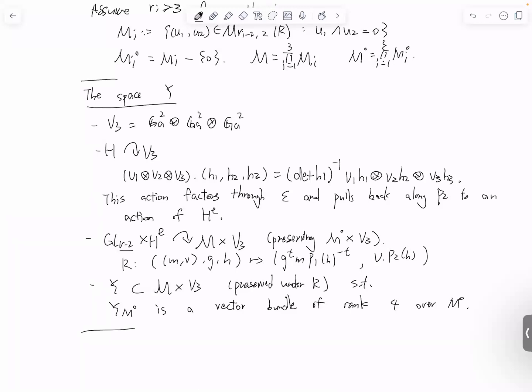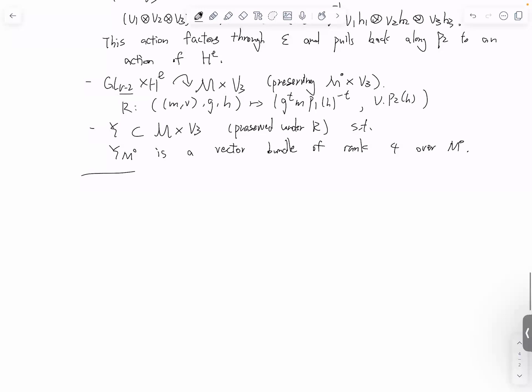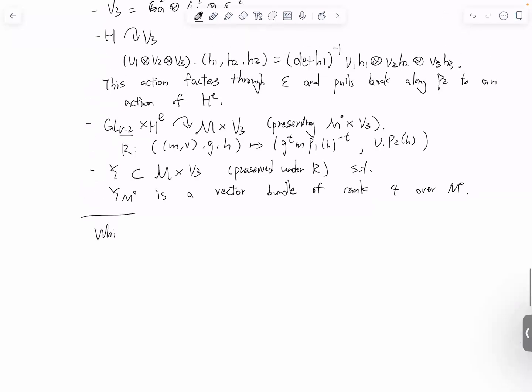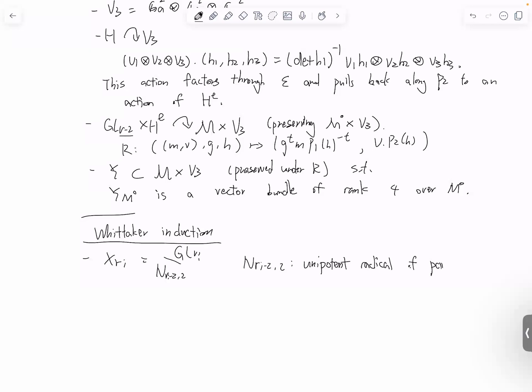Okay, this is the first space, and then we have another space which is called vector induction, in the sense of security rank dash, if you know what that is. So we have XRi, which is GLRi modded by the unipotent radical of the standard parabolic P(Ri minus 2), with an Ri minus 2 block and a 2 block.